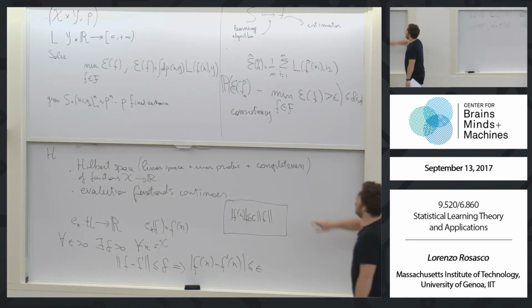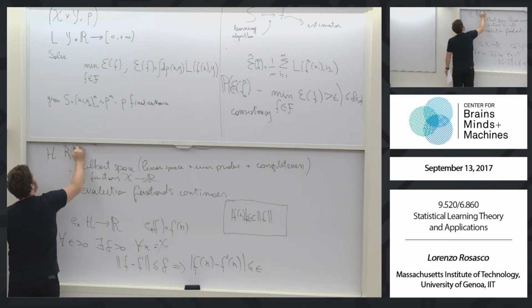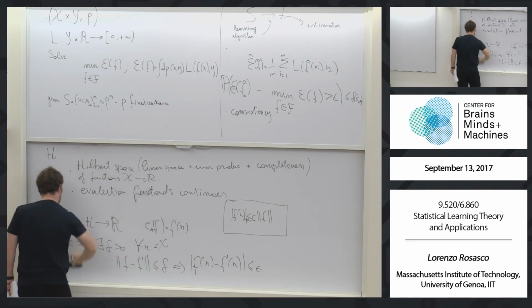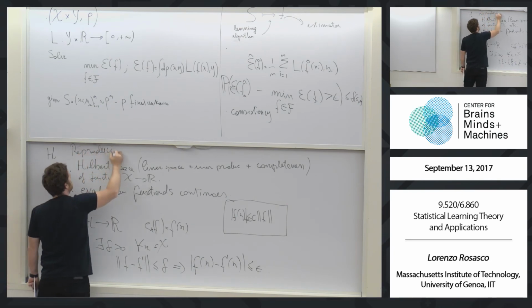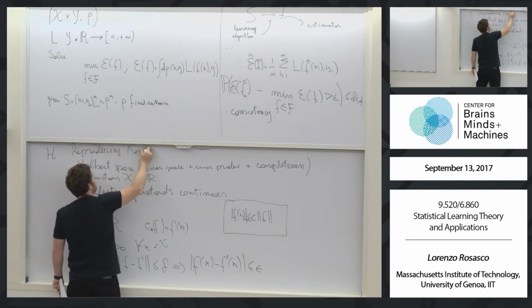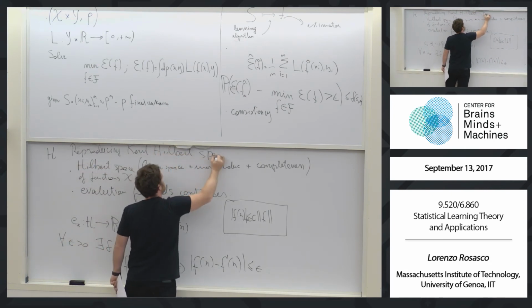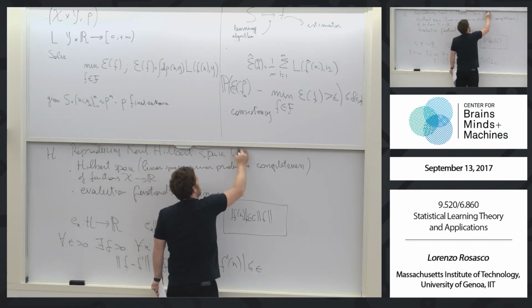So this is what we call a reproducing kernel Hilbert space. Should I write it for once? And I typically shorten it as RKHS.